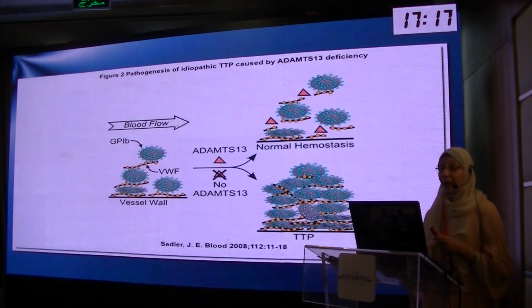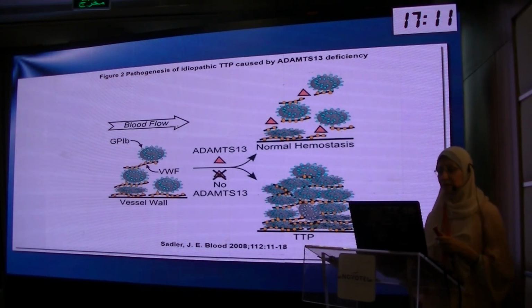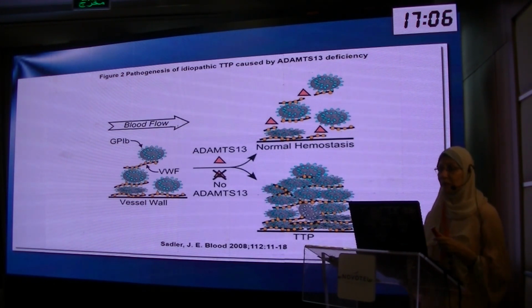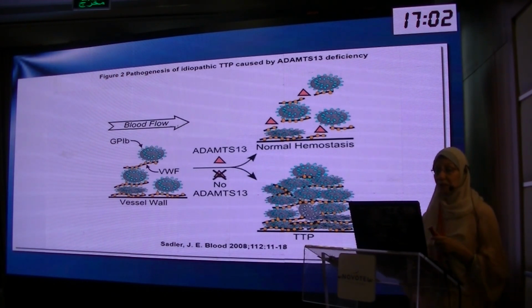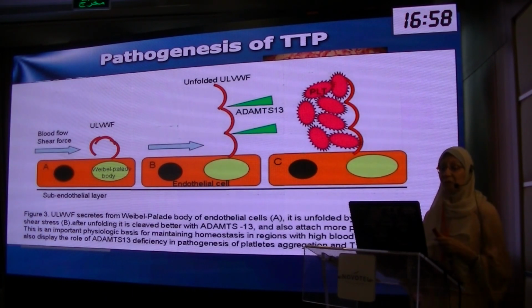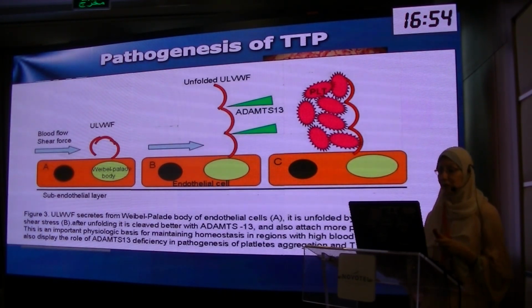Now it became clear that you can also distinguish pathogenetically between HUS and TTP on the basis of the presence or absence of activity of ADAMTS13, which is a protease that degrades von Willebrand factor. And you know, when there is blood flow with the shear force, you get unfolding of the ultra-large von Willebrand factors.